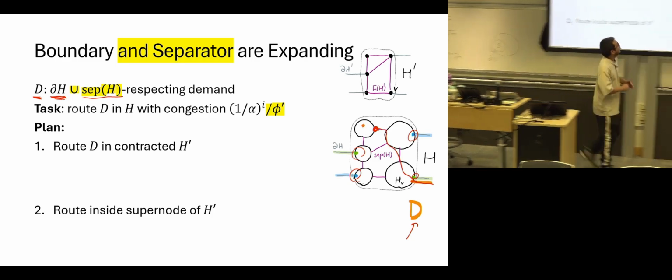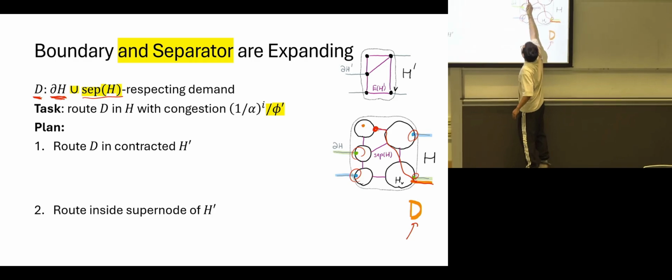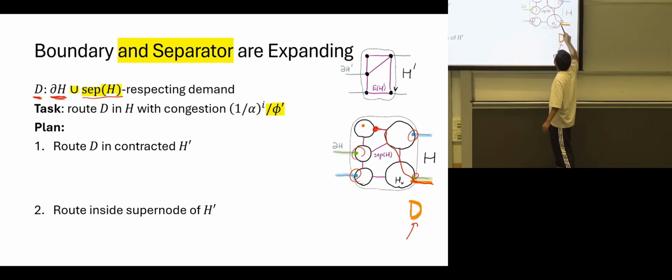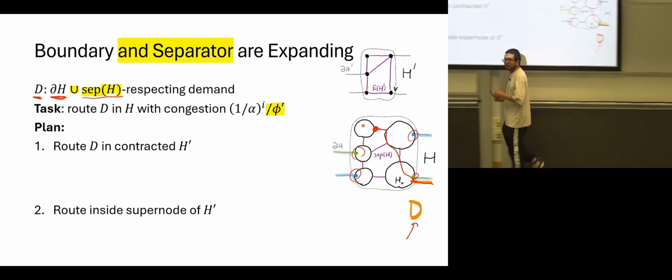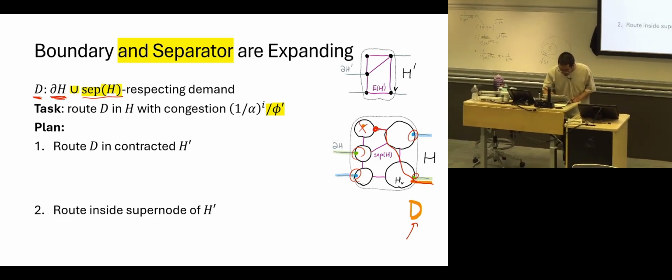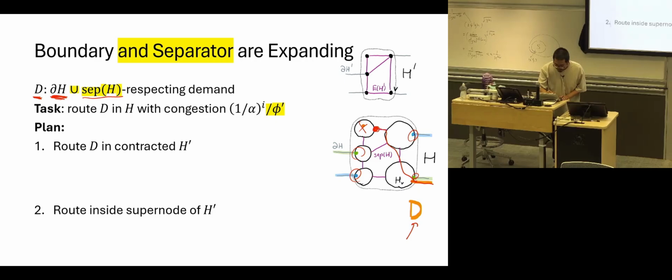The demand is between the orange point here and the orange point here. So this is some demand that respects the battery and separator, and I want to route this demand D with low congestion.